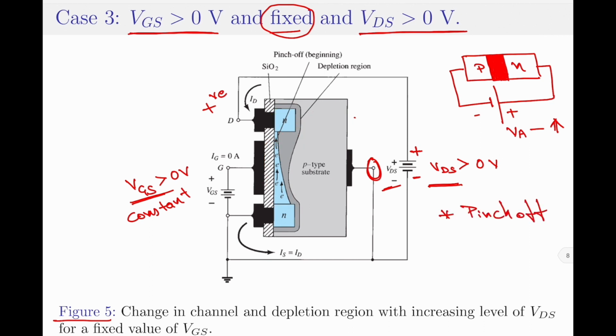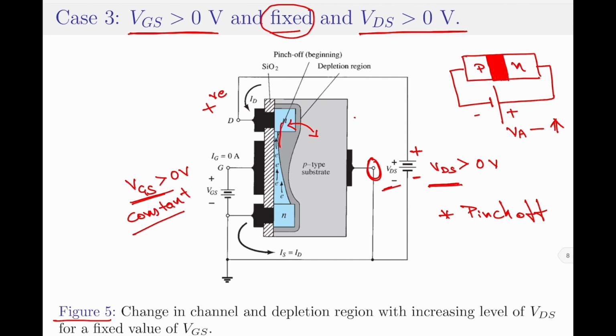I am going to quickly repeat the process. If VGS is greater than 0 but constant and VDS is also greater than 0 and variable, then because of the increasing reverse bias voltage applied between the drain N-type region and the p-type substrate material, the depletion region between the drain and the p-type substrate will start to increase.